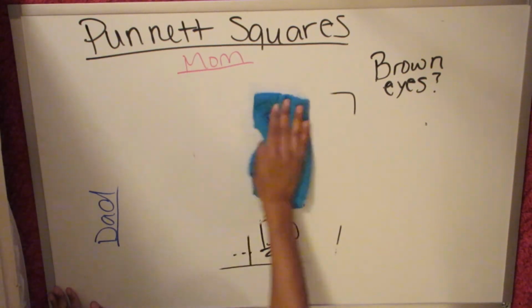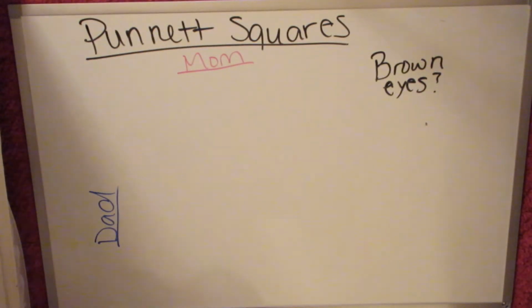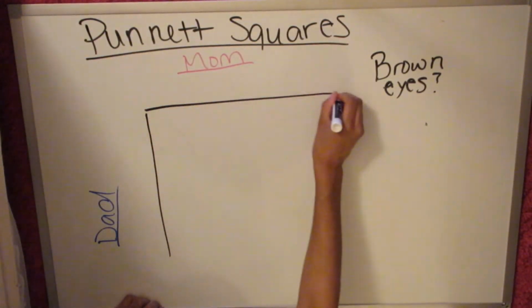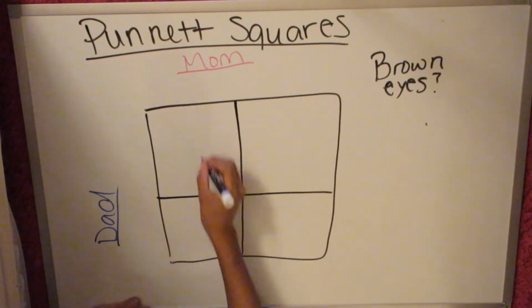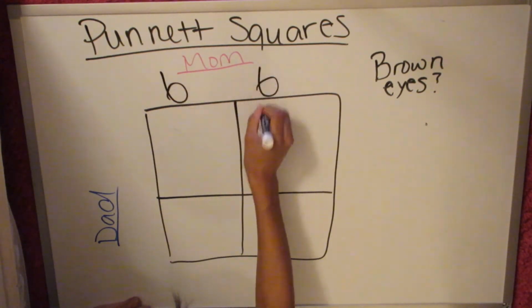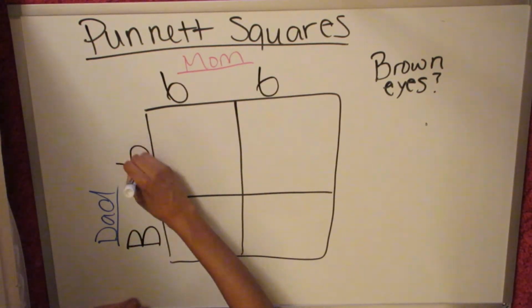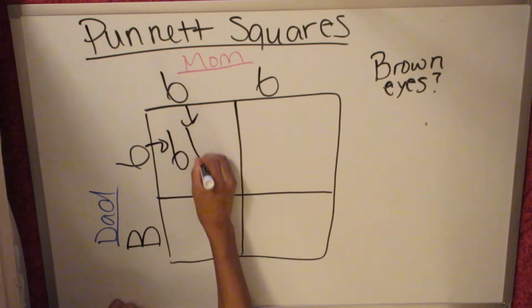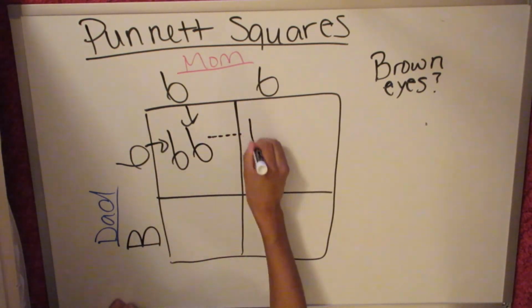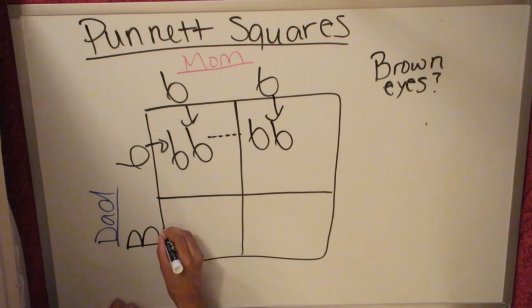Now we're still going to look at brown eyes, but I'm going to switch it up this time. So let's say that mom is little b, little b, and dad is big B, little b. Go ahead and match up your letters within your box. Watch what I'm doing so that you can know how to do it too. You're just dragging the letters over. Watch this too while you're doing your assignment.